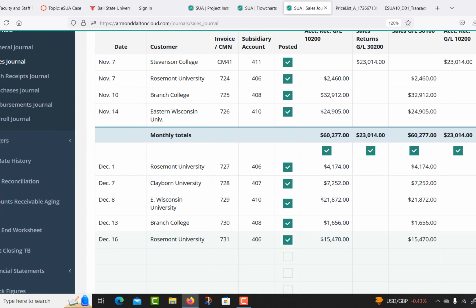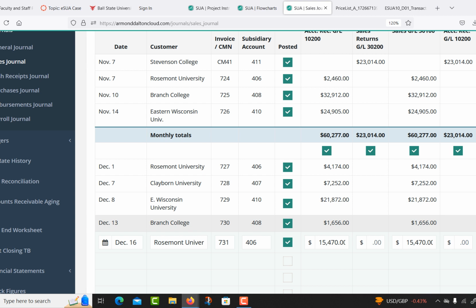So for Rosemont University, this is a blank line in your journal, but you click edit and you go through the process: date, name, invoice number, account number for Rosemont, and the amount. In my case, the total calculated to 15,470.